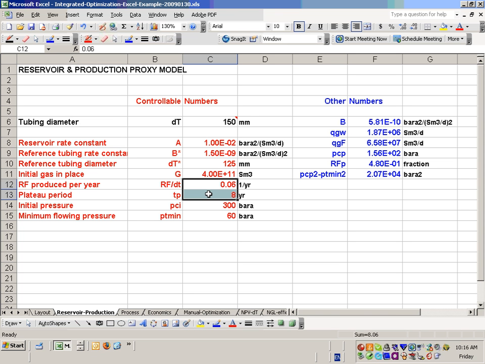So if you want to push it up to the 50%, then you have to basically say the plateau period is now variable, can go from 8 to 12 years. And the percentage per year will not be input, but it'll be calculated: 50% divided by whatever the time is. So you have to change that a little bit.